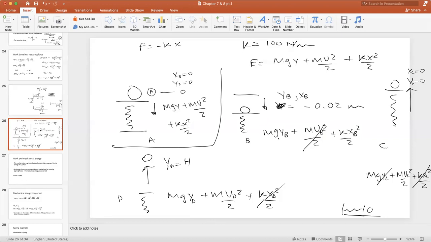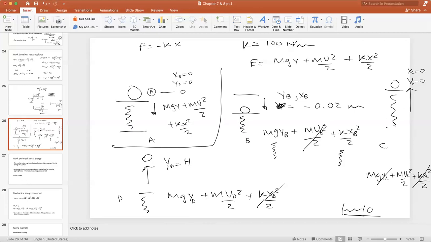So the energy at B is the potential energy of gravity and the spring energy. And this will actually end up being negative. This will end up being positive because xB is negative, but it's squared. yB, though, is negative. So you get some positive energy and some negative energy.